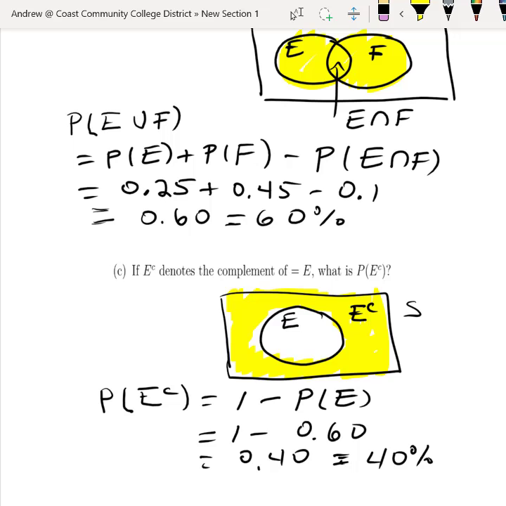We never said what E is. Maybe E is the chance of rain. So if there's a 60% chance of rain, E complement is not rain. So if there's a 60% chance of rain, then the chance of not raining is 40%.